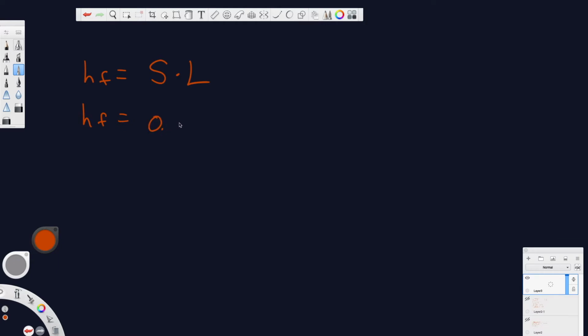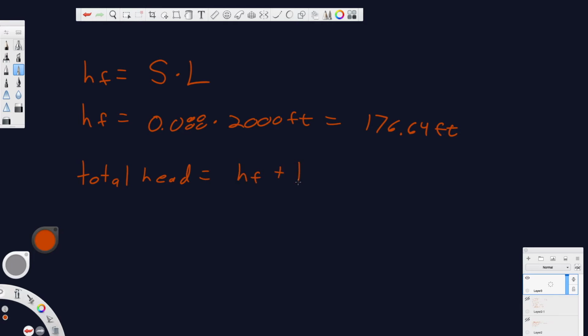So we have 0.088 times 2,000 foot is 176.64 feet. And then our total head that is required is going to be our frictional loss plus our static head.